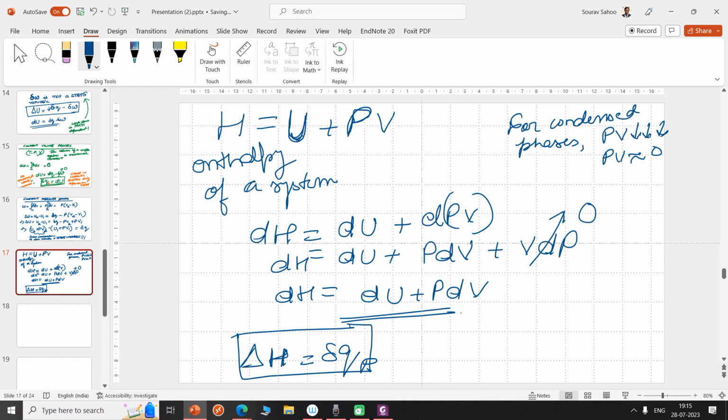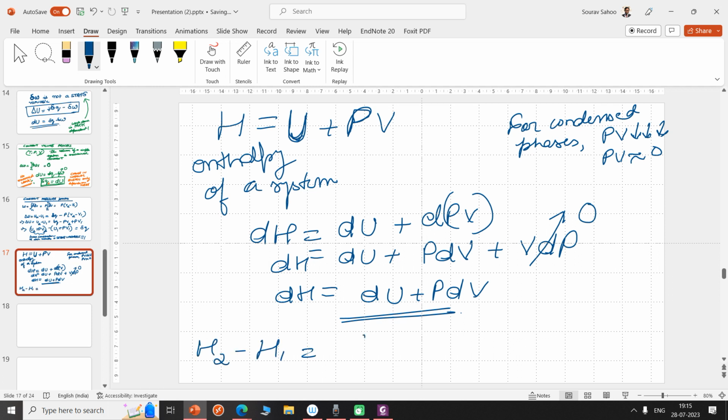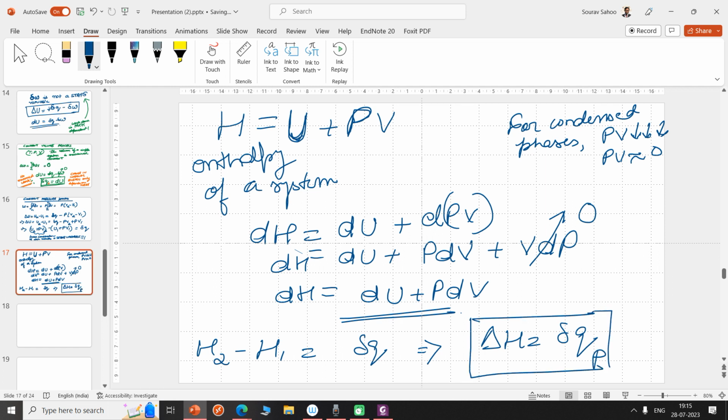So better if I write it here: H2 minus H1 is equal to delta Q, which implies delta H is equal to delta Q, and since this reaction is occurring at constant pressure, subscript P. So this is very important if you are dealing with heat, specific heat capacity, or specific heat at constant pressure, constant volume.